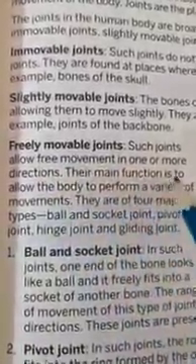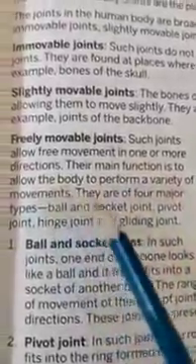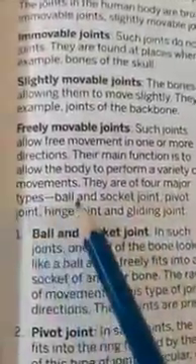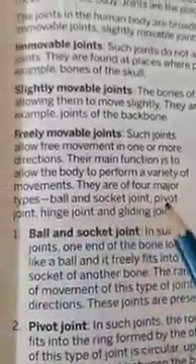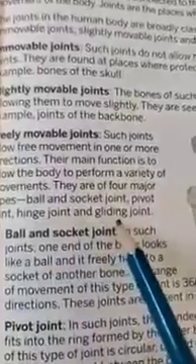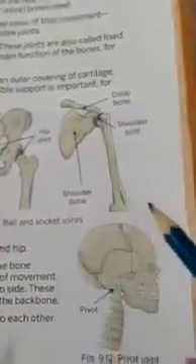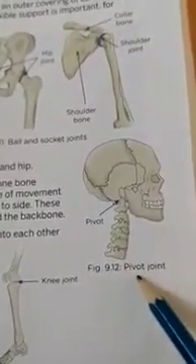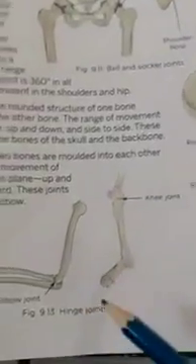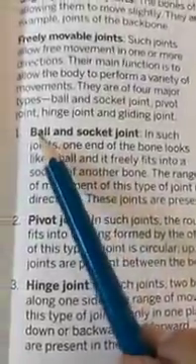The main function of this is to allow the body to perform a variety of movements. There are four major types: ball and socket joints, pivot joints, hinge joints, and gliding joints. I will show you the pictures of ball and socket joint, pivot joint, hinge joint. Now, dear students, let's come to them one by one.